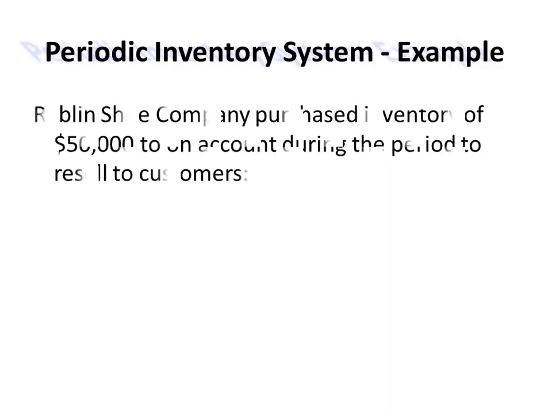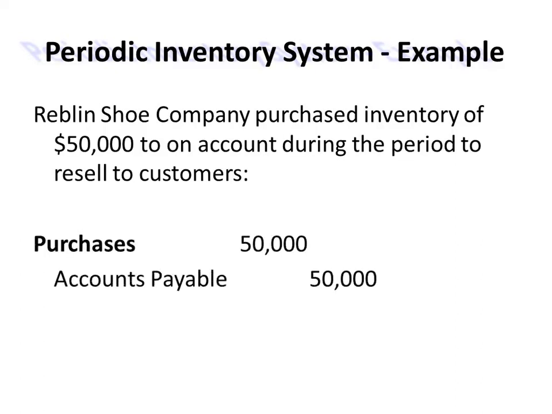So Reblin Shoe Company purchased inventory of $50,000 on account during the period to resell to customers. What would be the journal entry that they'd make? Debit purchases. If they bought them on account, you credit accounts payable. Will you ever see a purchases account on the financial statements of a company? Why?